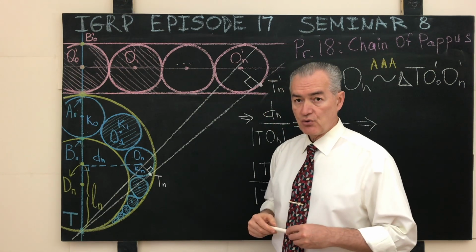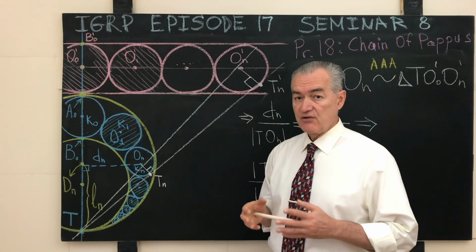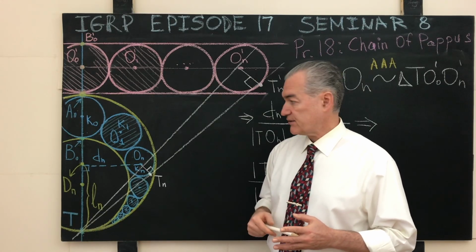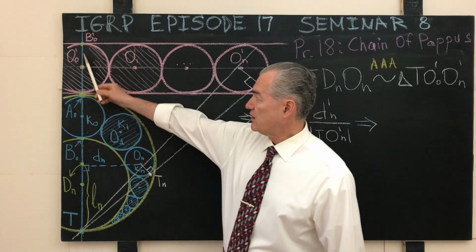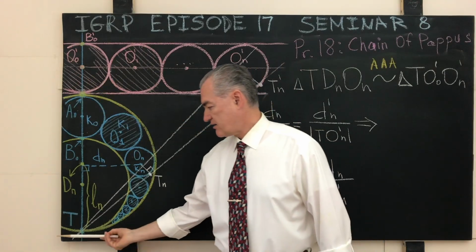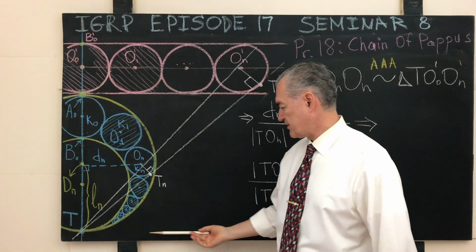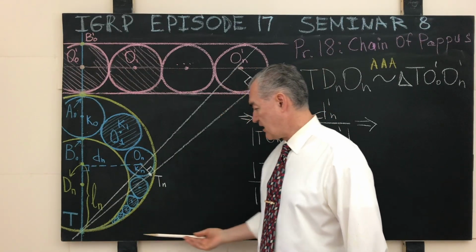And by doing so, we will implicitly introduce a certain coordinate system. The vertical or the y-axis of the system evidently will coincide with the line of centers. It will logically point up. The horizontal axis of this coordinate system will run at the bottom through the point T, let's say left to right.